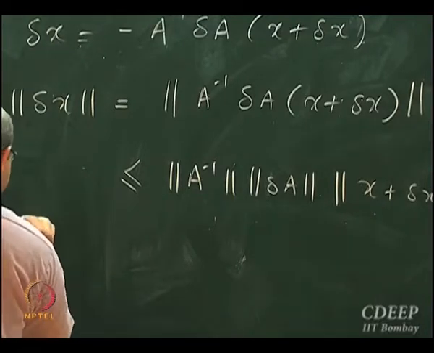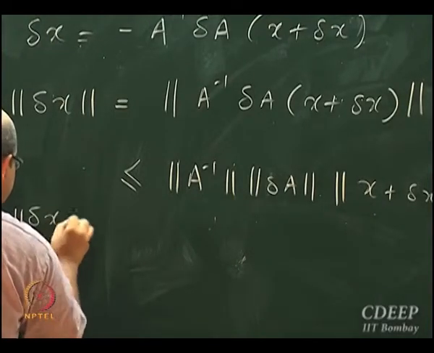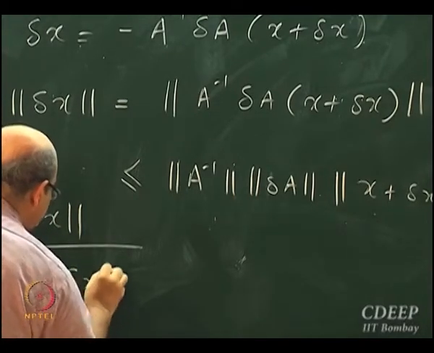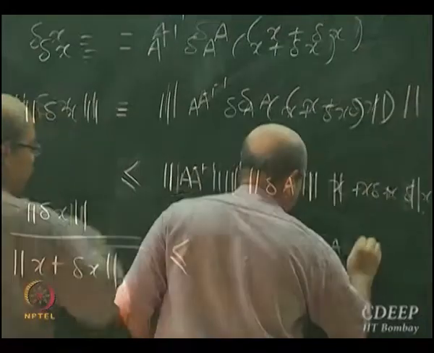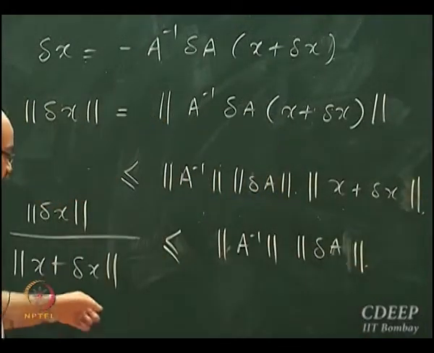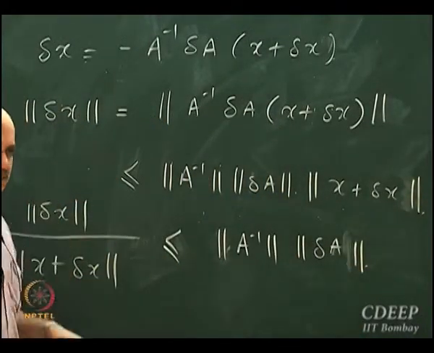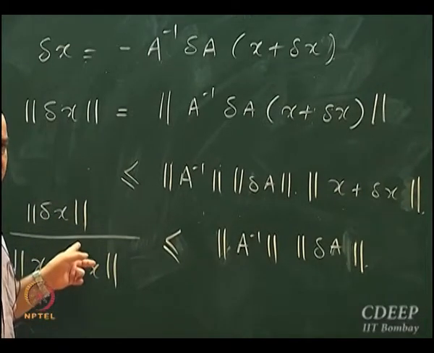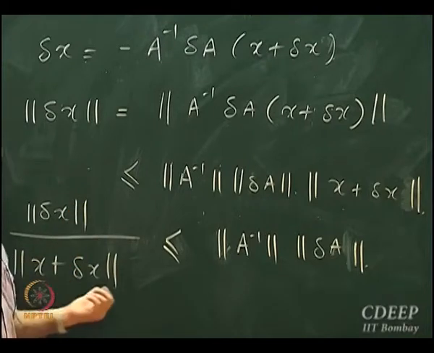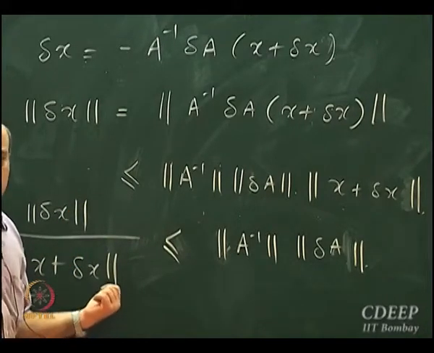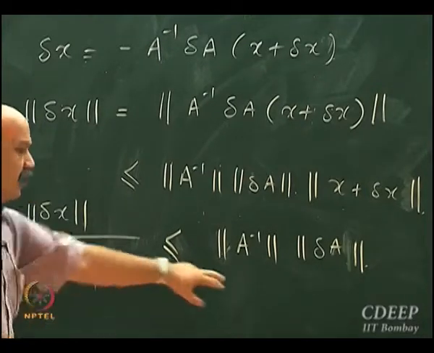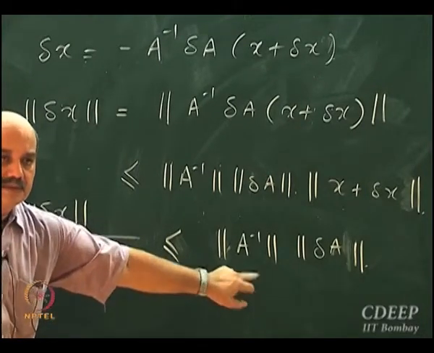So I am going to rewrite this as norm delta x divided by norm of x plus delta x. Is everyone with me on this? So this is something like relative change in the solution, except here we have retained delta x in the denominator, but this is something like relative change in the solution, and the right hand side is this.